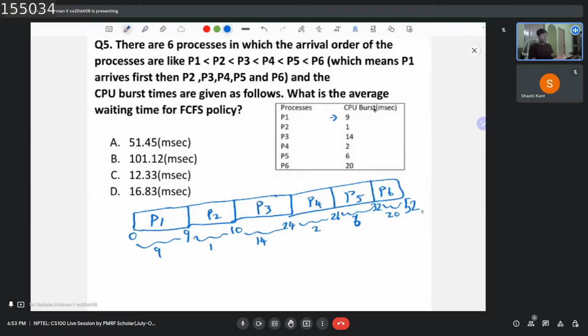Now to find the average waiting time, for each process we'll find the waiting time, and then we'll find the average, right? So for P1, it is 0 because it immediately gets executed on the CPU. There is no waiting time.